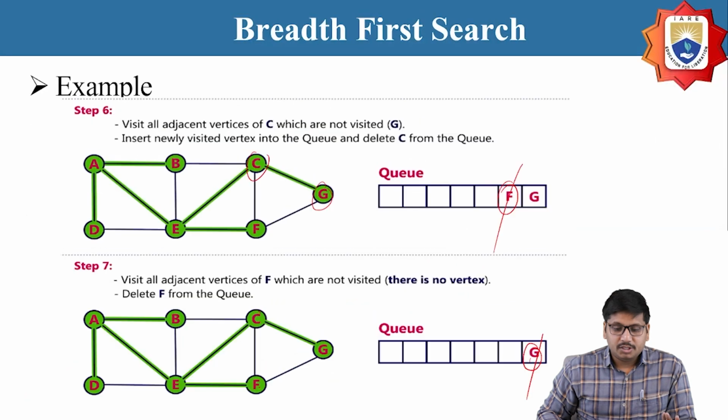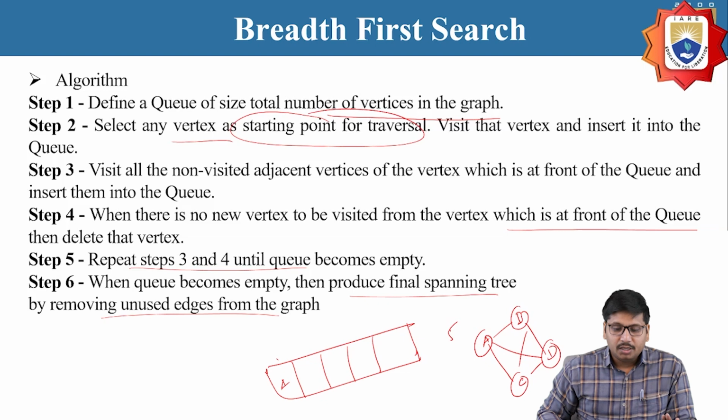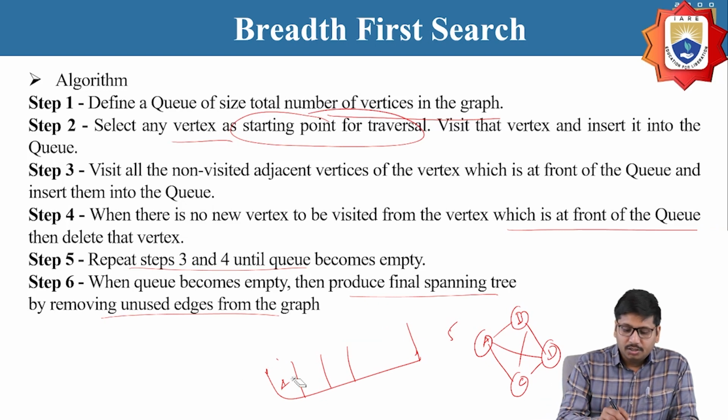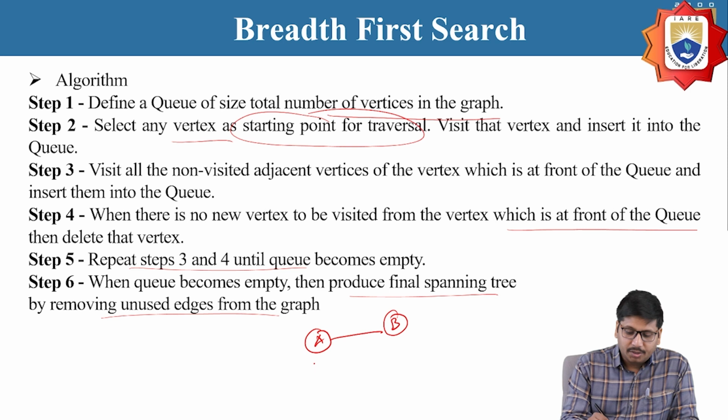Let us consider an example for breadth first search: A, B, C, D. For breadth first search, what are the adjacent vertices of A?